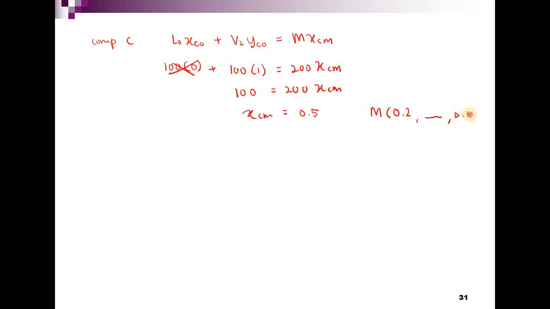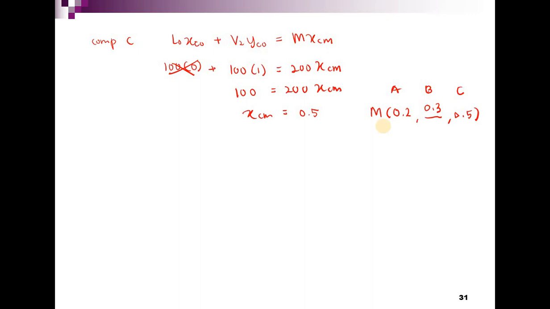So from here you can find component B by subtracting from 1 with 0.2 and 0.5, and you will get 0.3. So this is component A, this is component B, and this is component C. Before we proceed to the graphical method, you must find the composition of M first. You will know later what is the function of M.